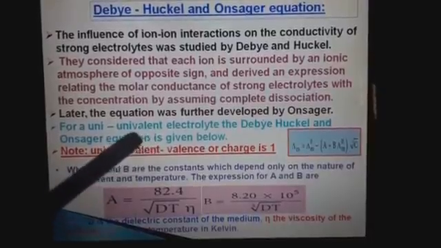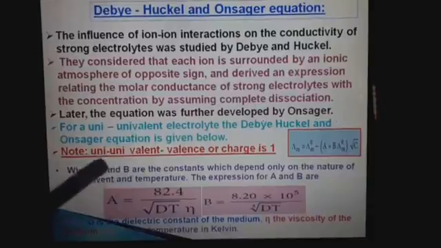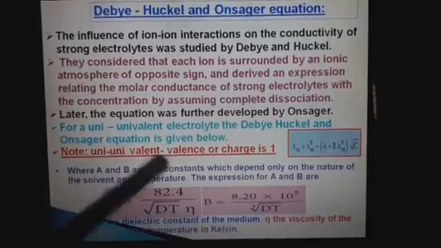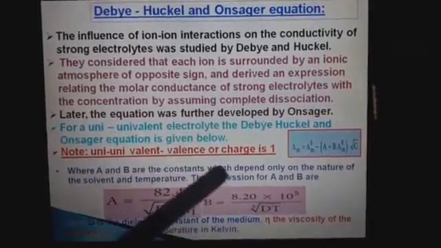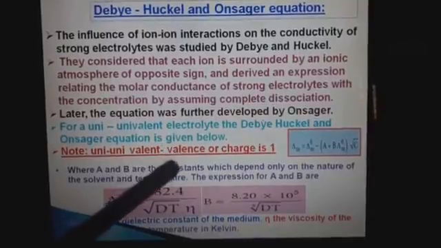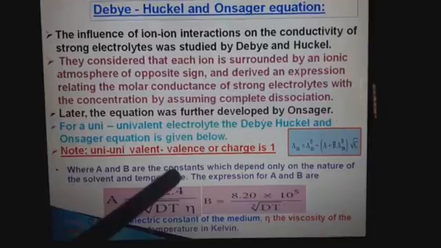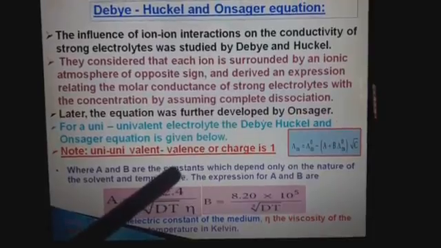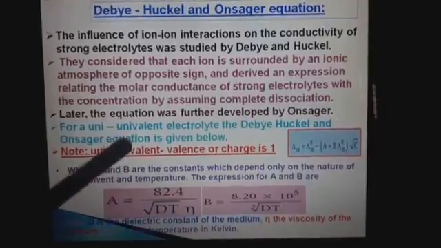Next point, the uni-univalent electrolyte. Uni-univalent means the valence or charge is 1, where both the positive and negative ions of the molecule have a charge of 1. So that is a univalent electrolyte.